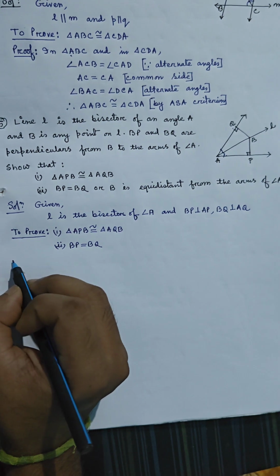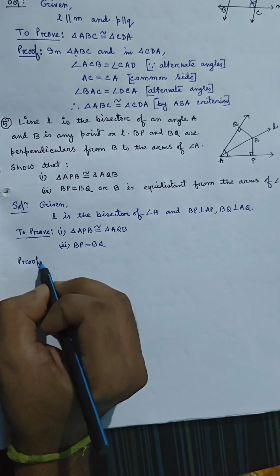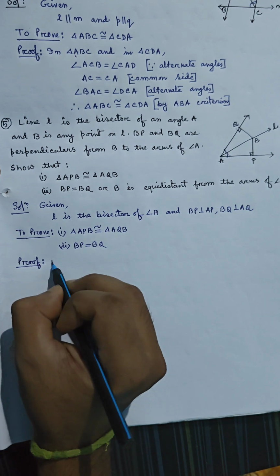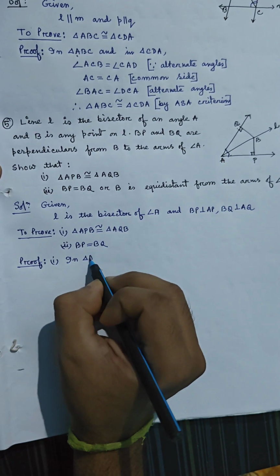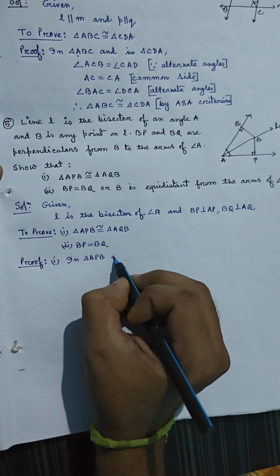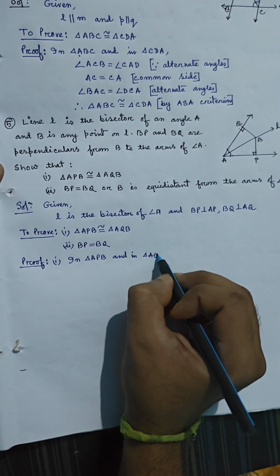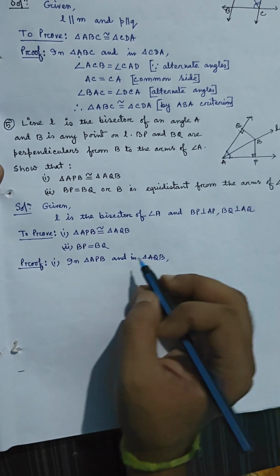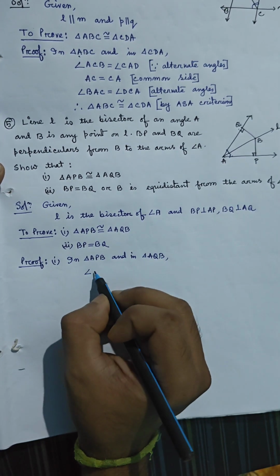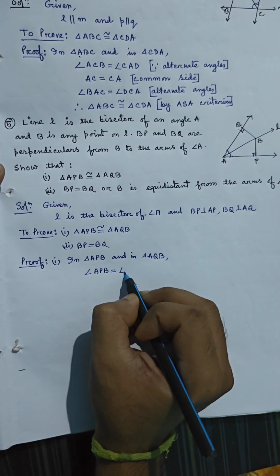So let's start the proof. Number 1, in triangle APB and in triangle AQB, as I said, angle APB is equal to angle AQB.